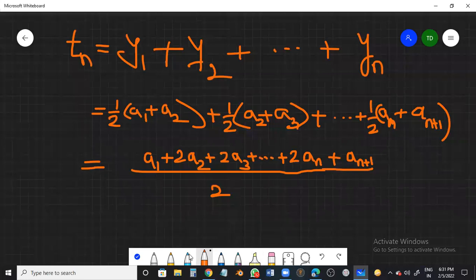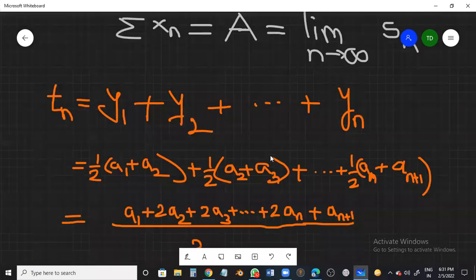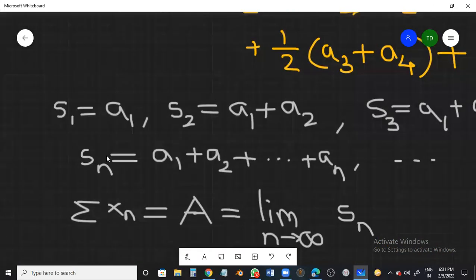Now see, the middle terms occur twice, and the starting and ending terms occur only once. I simply know that Sn means a1 plus a2 up to an. I don't know what happens to twice a2, twice a3 and single a1.